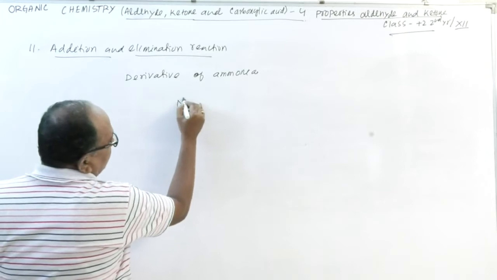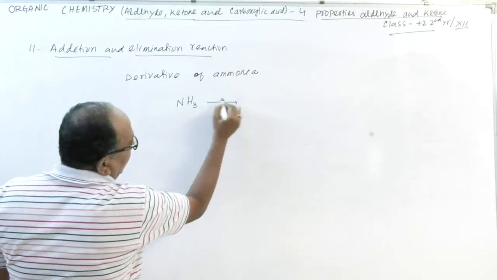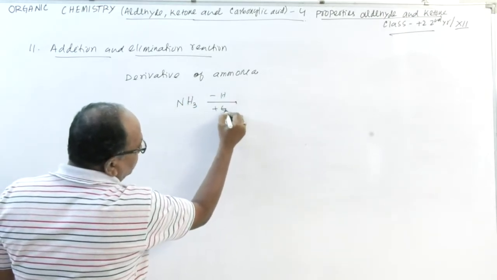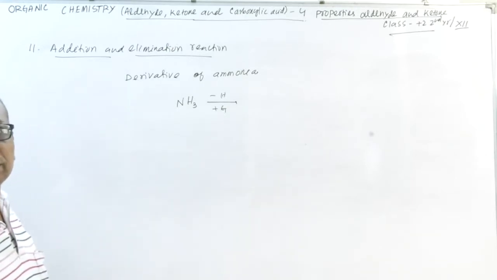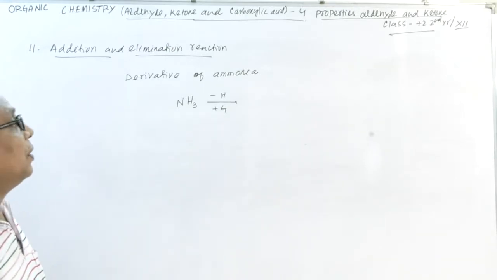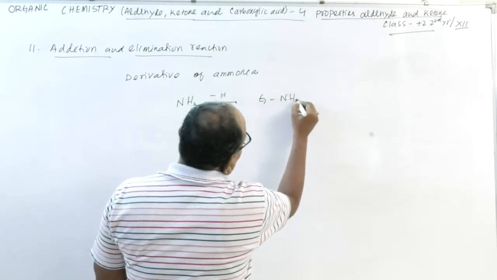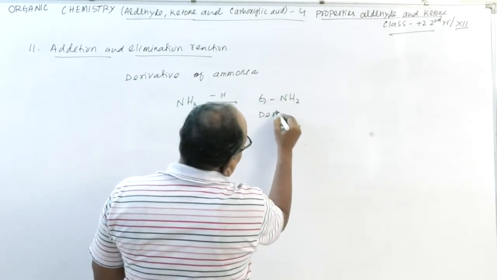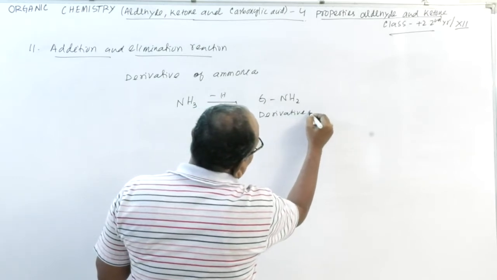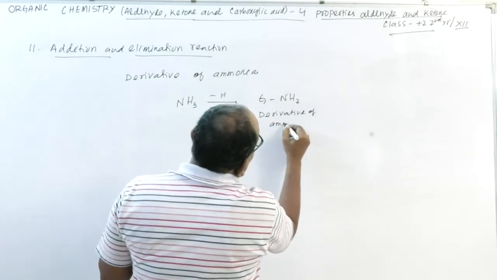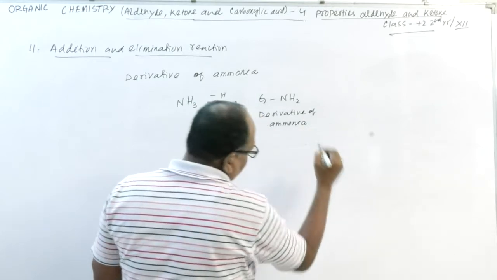What is a derivative of ammonia? Ammonia is NH3. When a hydrogen atom is replaced by a group G, it gives GNH2. This is called a derivative of ammonia.